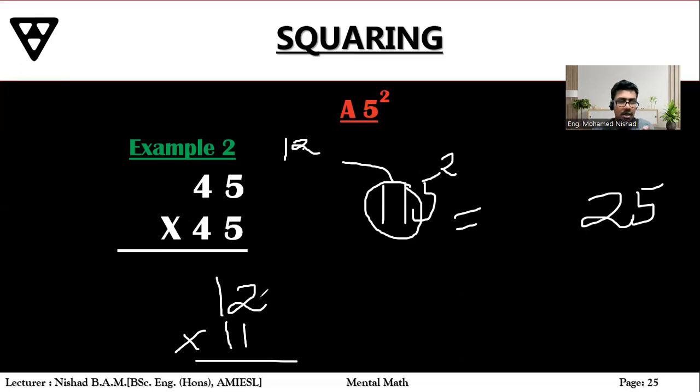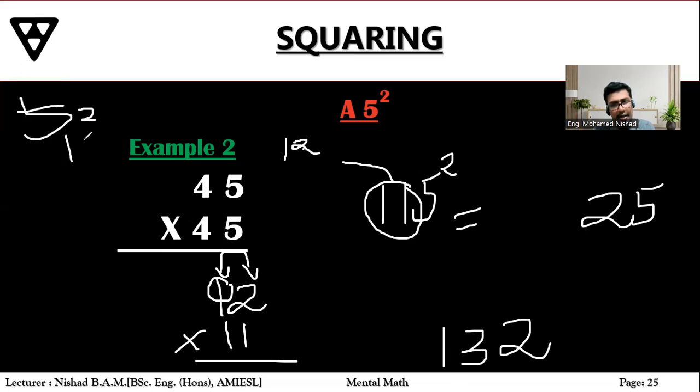Even a grade 1 student can do this. We write the same number like this, and then we add these two numbers together, 1 plus 2, it will be 3. And then we write the first digit as it is, so it will be 1. It's very simple, right? So what is 52 times 11?